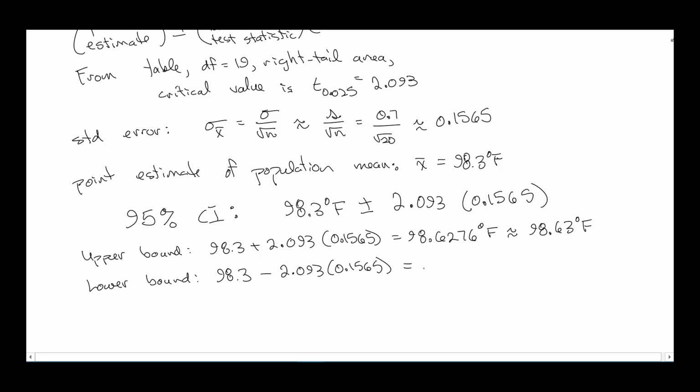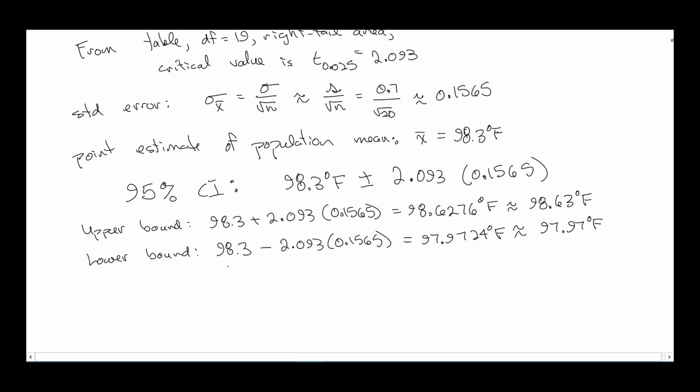And so this ends up giving me 97.724. Round that to 2 decimal places, we get 97.97 degrees Fahrenheit. Okay, and so then that tells me that my confidence interval is, I'm going to write this in interval notation.